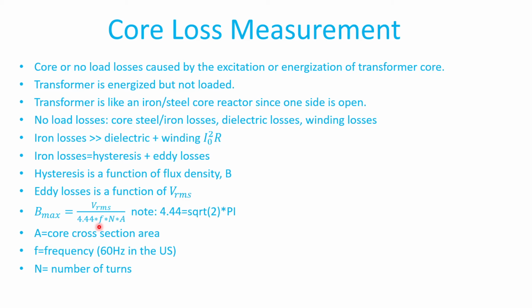In the United States it's 60 hertz; in some other parts of the world it is 50 hertz. Times N, the number of turns of the winding that's energized, times A, the cross-section area of the core. And note 4.44 is nothing else but the square root of 2 times pi, so square root of 2 times 3.14.